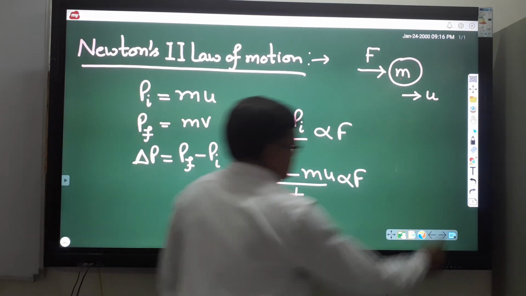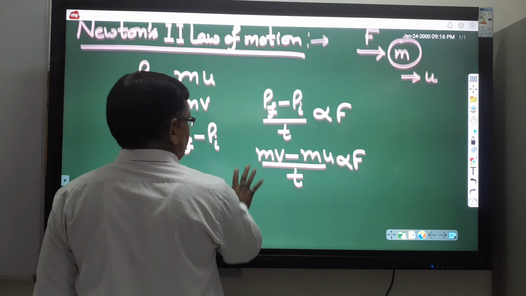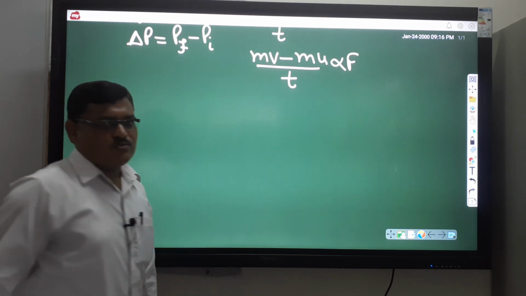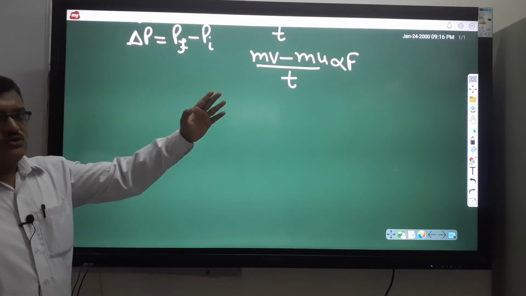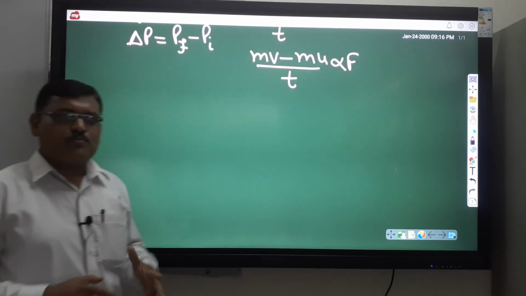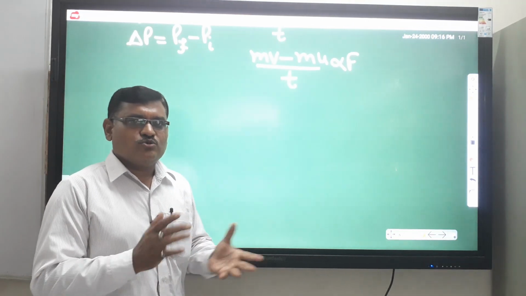So, let us consider it again. This is the formula, and in physics, if we remove the sign of proportionality, we need to use a constant.